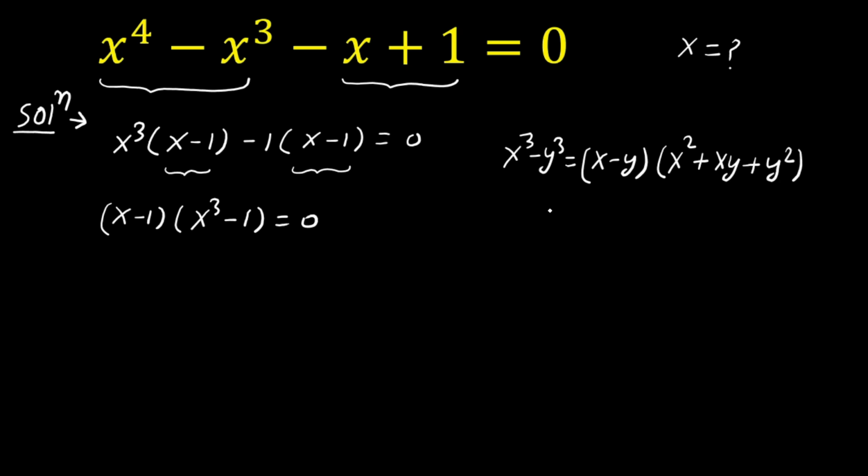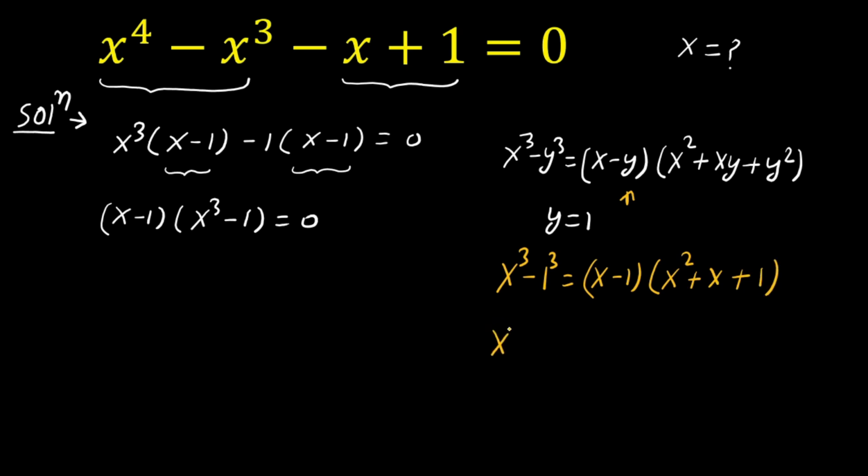Here if we substitute y = 1, then on the left hand side x^3 - 1^3 is equal to x - 1, since y is replaced by 1, times x^2 + x, since y is replaced by 1, 1 times x is x, plus y^2 with y replaced by 1, 1 square is 1.